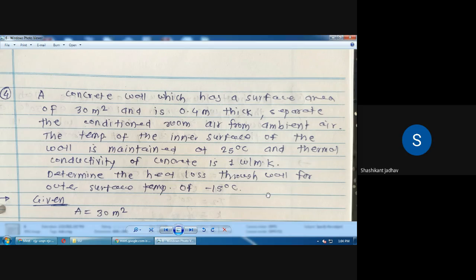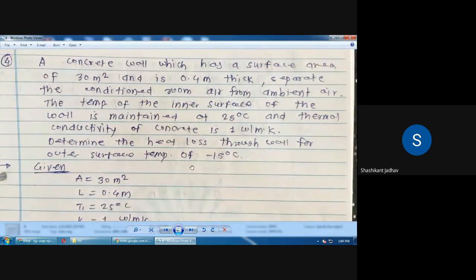First of all, you have to write down the given conditions. A concrete wall has a surface area given. Surface area is A equal to 30 meter square. Thickness is given, that is L or dx, which is 0.4 meter.